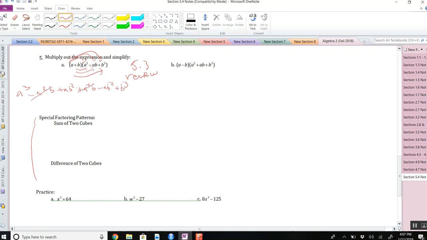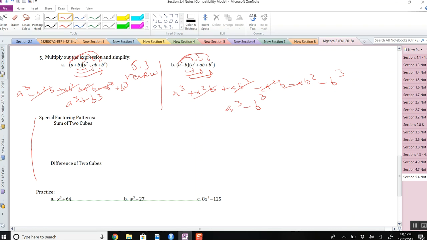But you're going to notice that several terms will cancel, leaving us just A cubed plus B cubed. If I do likewise for part B of this example, I get A cubed plus A squared B plus AB squared minus A squared B minus AB squared minus B cubed. Again, lots of things cancel. You show up with A cubed minus B cubed.